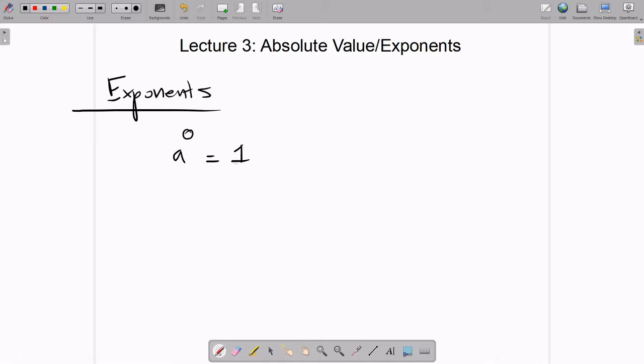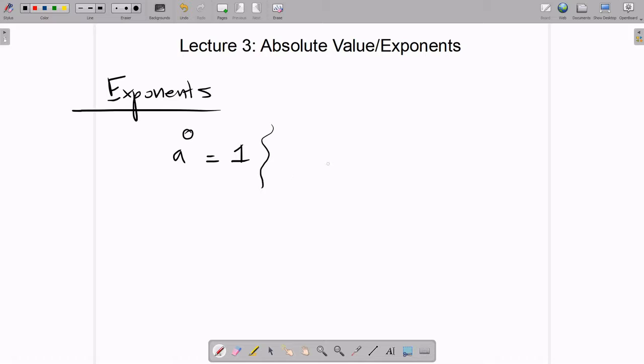Anything raised to the 0 power, even like 1000 to the 0 power, is just 1. But when you think about infinity raised to the 0 power, that's where you exit pre-calculus territory and begin entering into calculus territory, so that'll be a whole other subject. For the time being, you just need to be worried about any number raised to the 0 power that is not infinity or negative infinity, and that gives you 1.